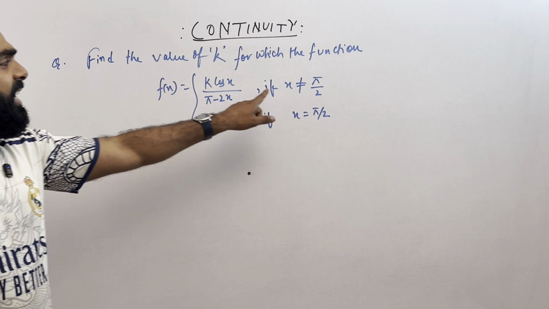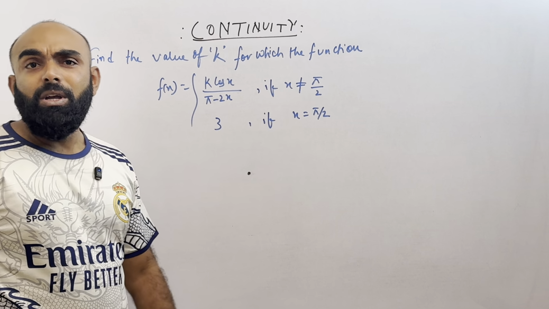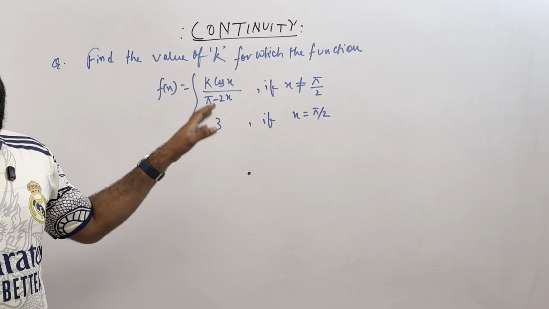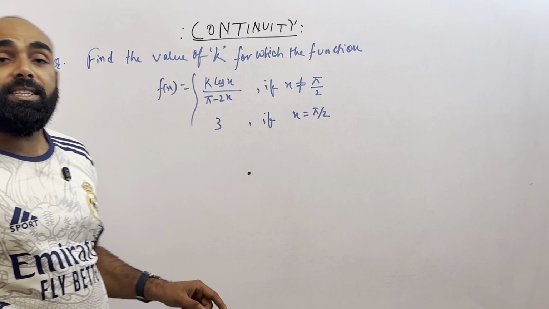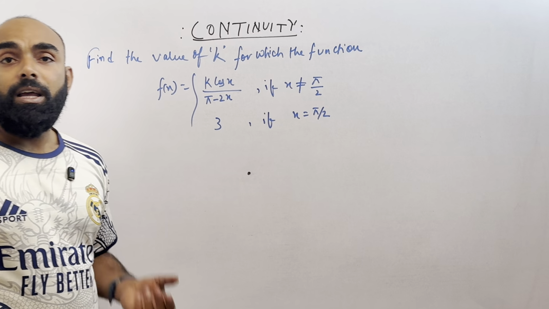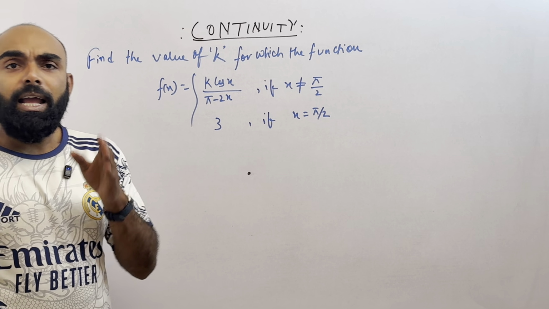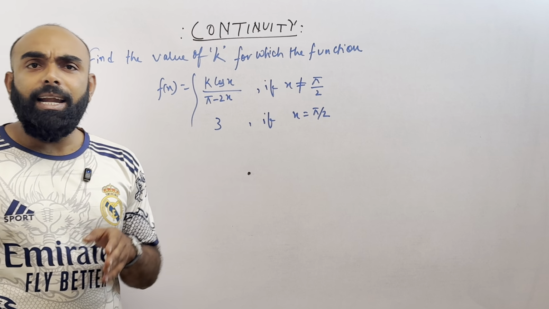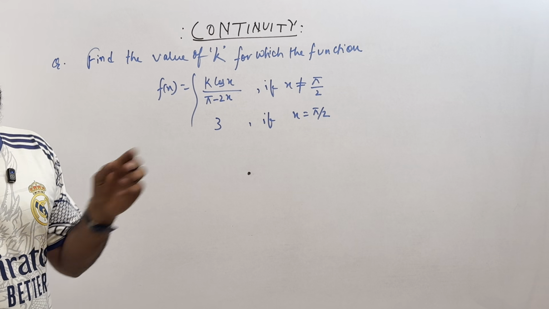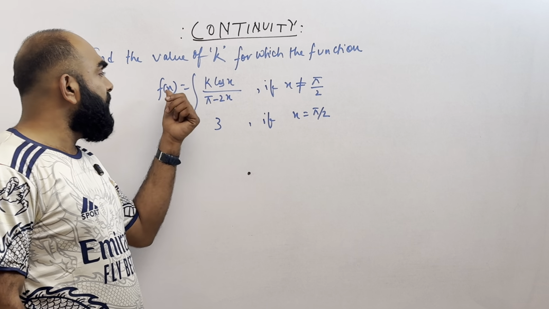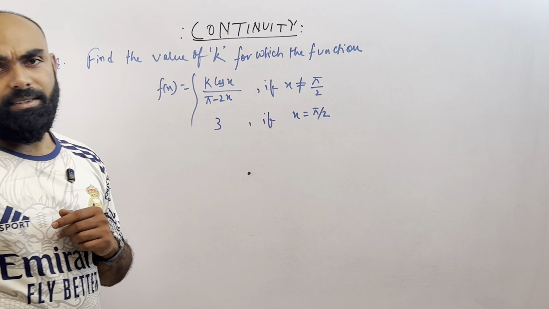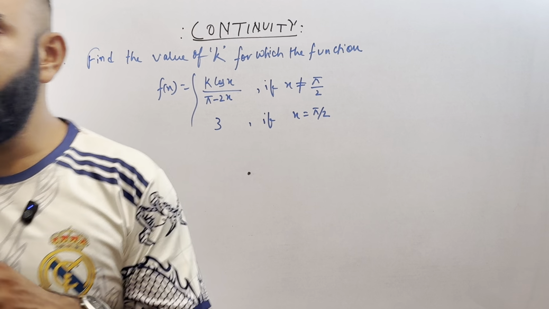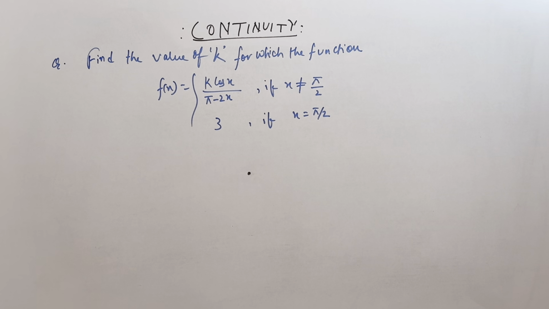And at x is equal to pi by 2, the value of f of x is given as 3. So in this condition, they are interested in finding the value of k.